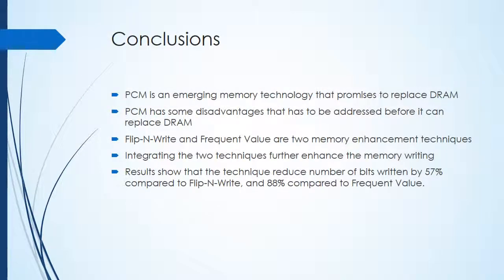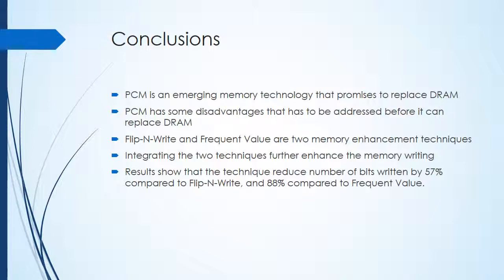What I concluded from doing this project is that PCM is an emerging memory technology that promises to replace DRAM, and PCM has some disadvantages that have to be addressed before it can replace DRAM. Most of these disadvantages are related to writing, like the writing energy, writing speed, and the wear.